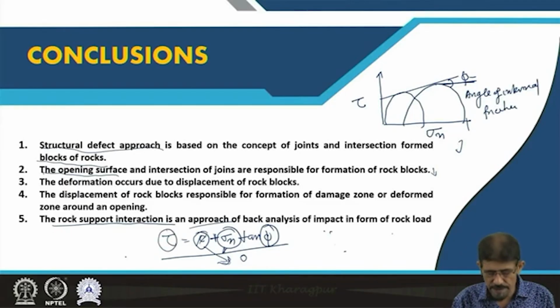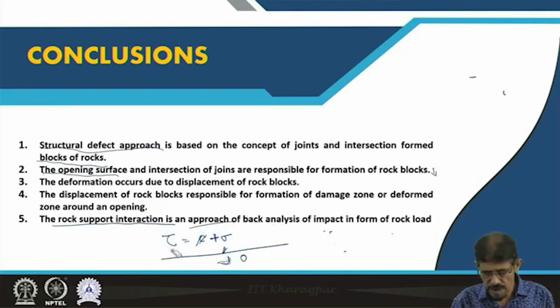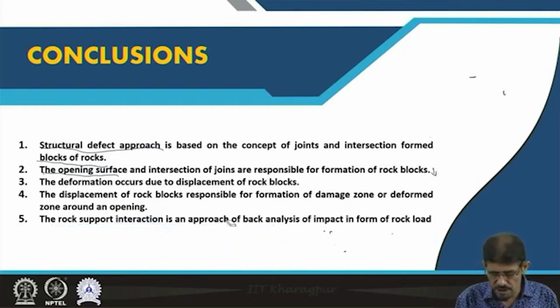In this way we determine the shear strength of rock. Elaborating on this, we are going to see the variation of the ground reaction curve and the support reaction curve in a specific manner.